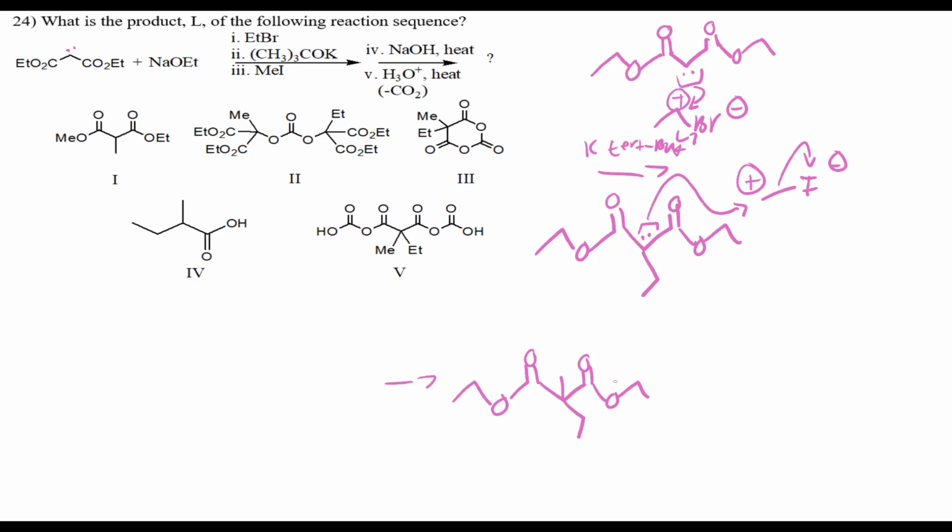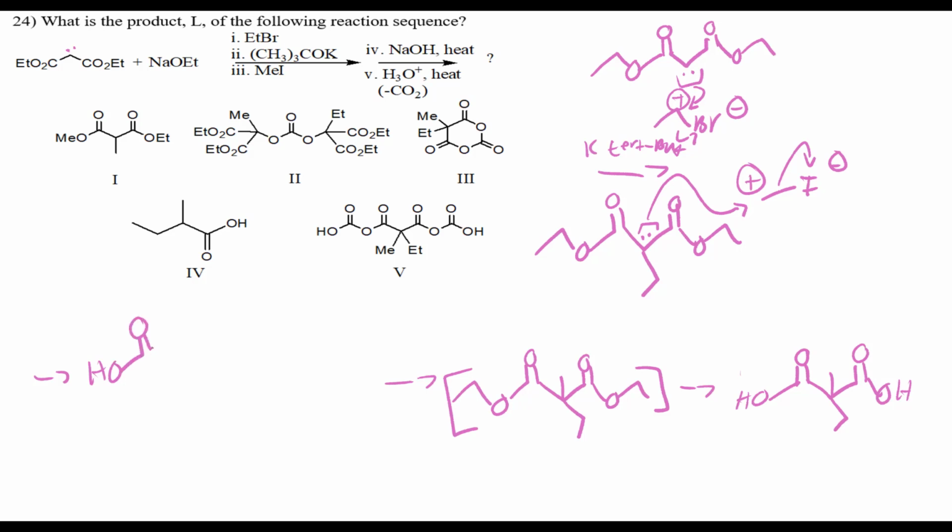So all that does is that it removes the ethyls from the oxygens and makes them into alcohols. So basically carboxylic acids. And after that we add some heat and some acid, and we will get carbon dioxide. We only cleave off one carboxylic acid.